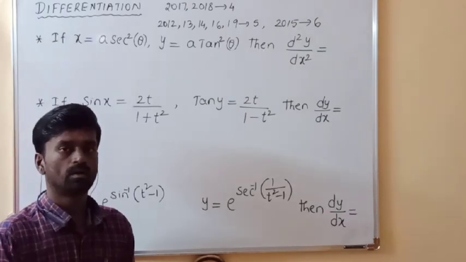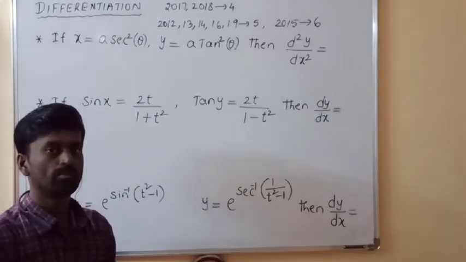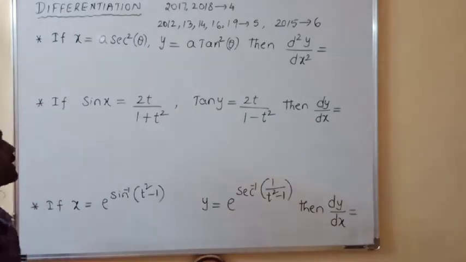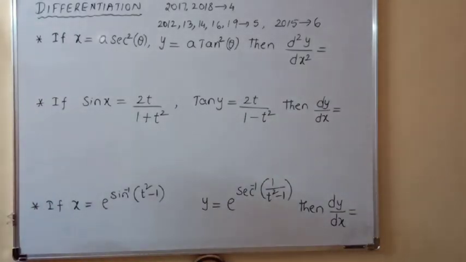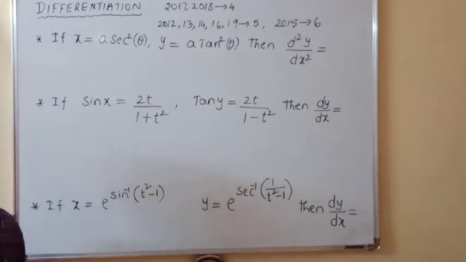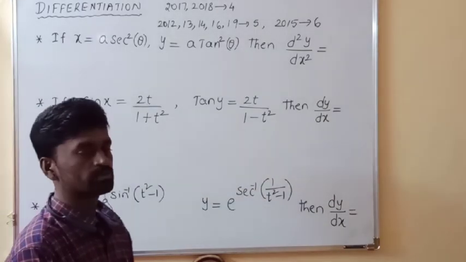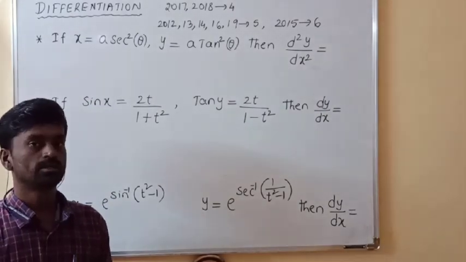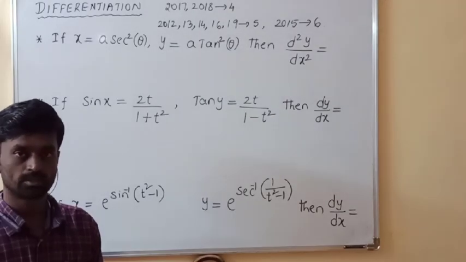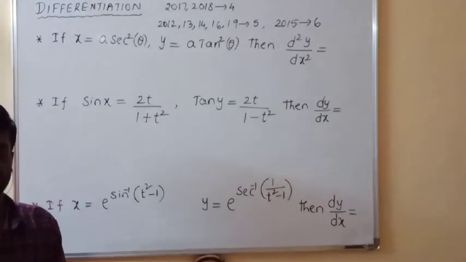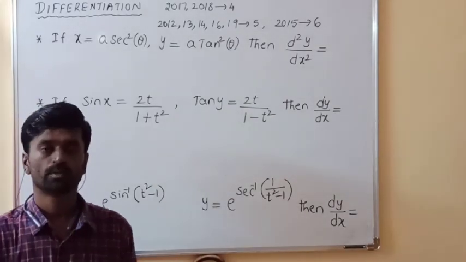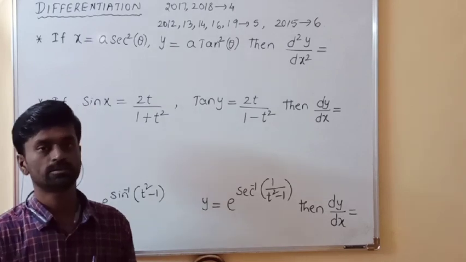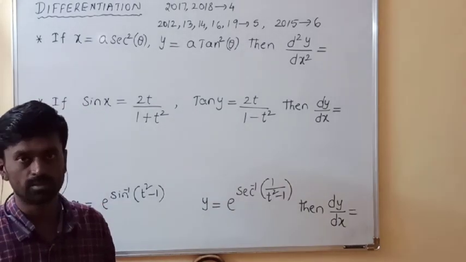Next, look at problems based on parametric differentiation. These are problems from various years. x is equal to a secant square theta, y is equal to a tan square theta, then find d square y by dx square. Remember, in KCET parametric differentiation especially, if they ask dy by dx or d square y by dx square, don't immediately find dy by dx as (dy by d theta) by (dx by d theta).